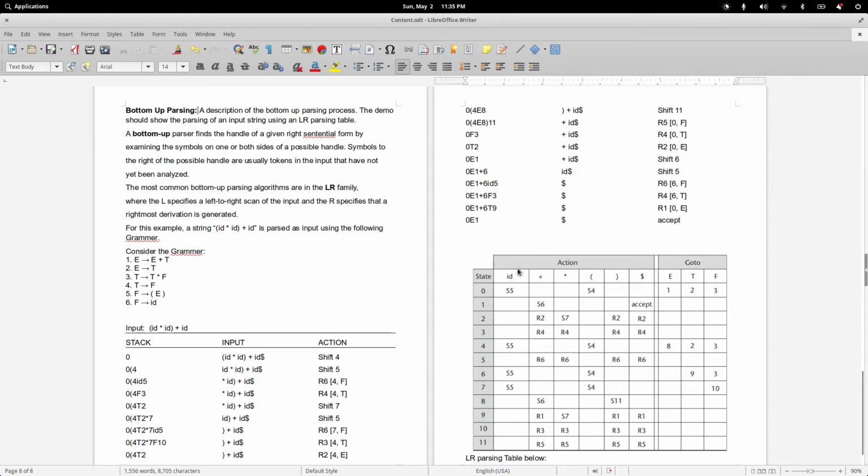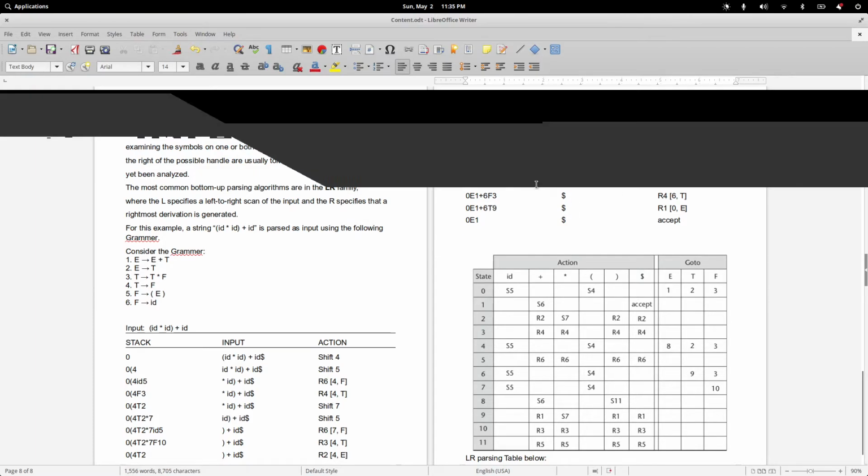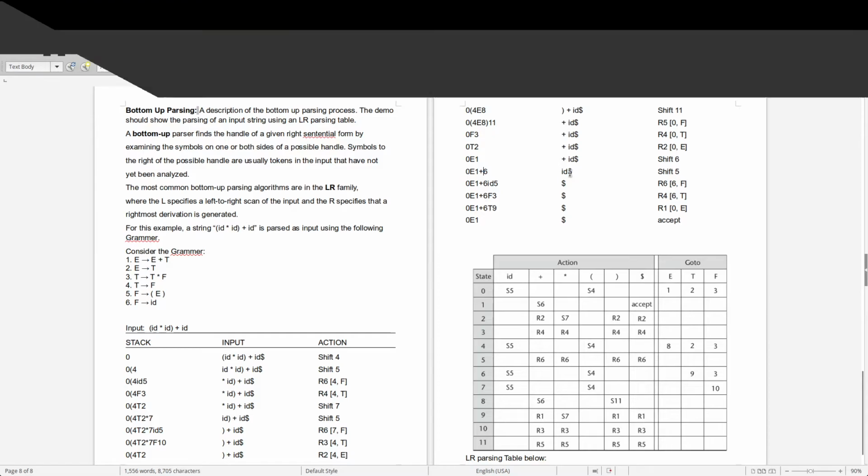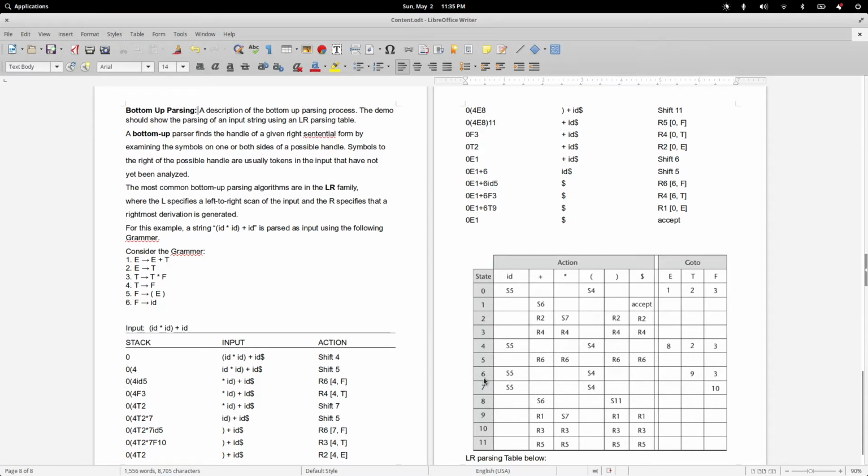Now, 1 plus is shift 6. So we shift our plus sign over onto the stack and cap it with the 6. And now positionally we're looking at 6 id. 6 id is shift 5. We move id onto the stack and we cap with the 5.